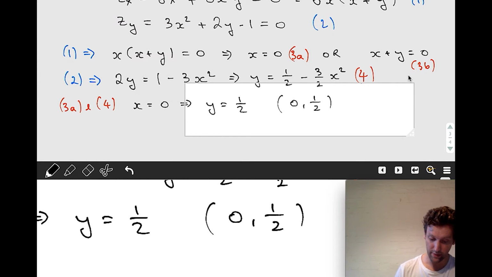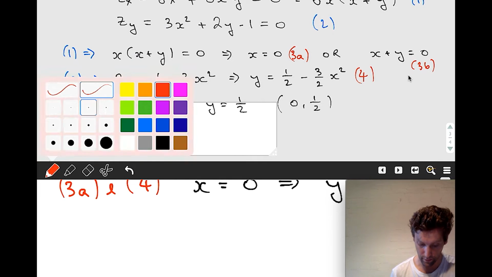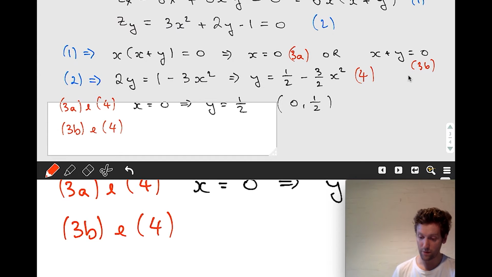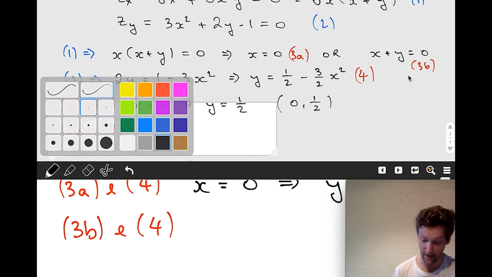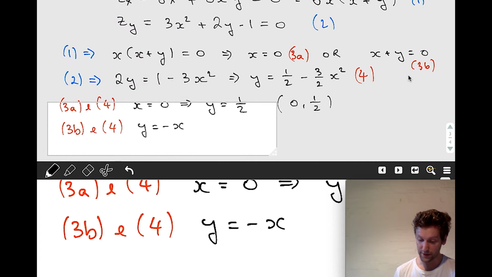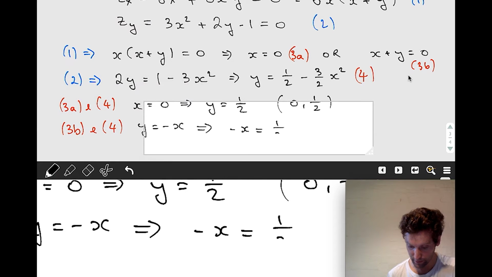The second possibility is 3b combined with 4. In 3b, we found that x was equal to minus y, or y was equal to minus x. So if I substitute that into expression 4 to eliminate y, I get a single expression for x.